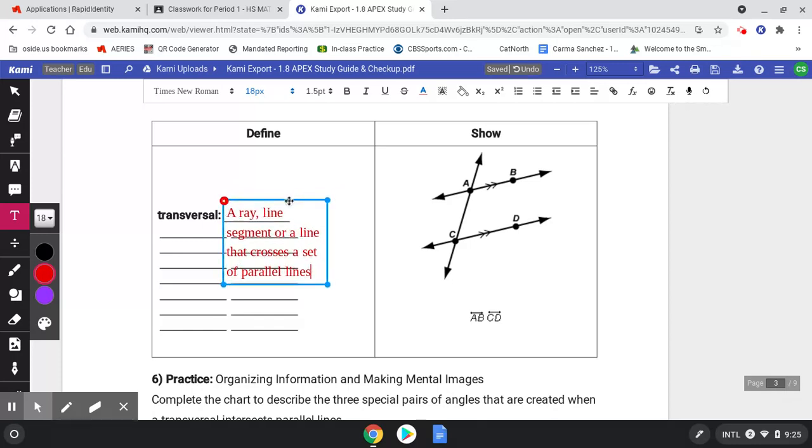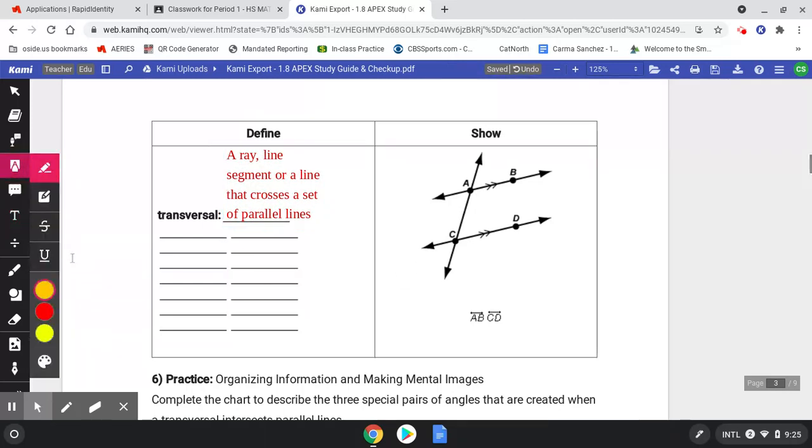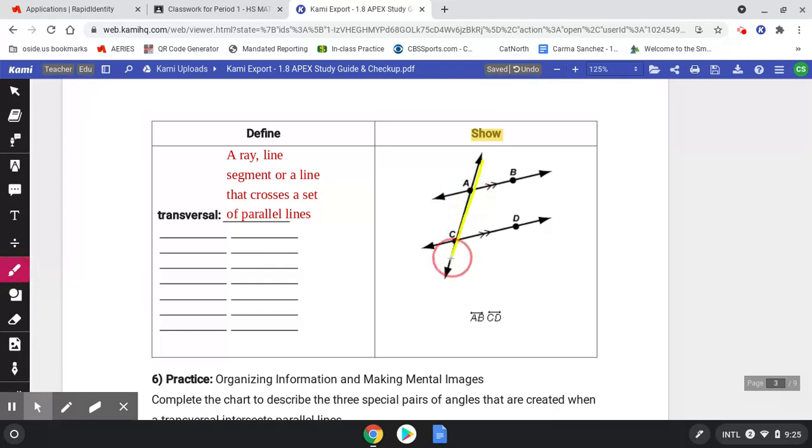So for that as our definition, now look over at the image. And what would be your transversal? I'm going to go ahead and highlight here. Oh, it's not letting me highlight down the line. So let me go grab this. This one is our transversal, okay?